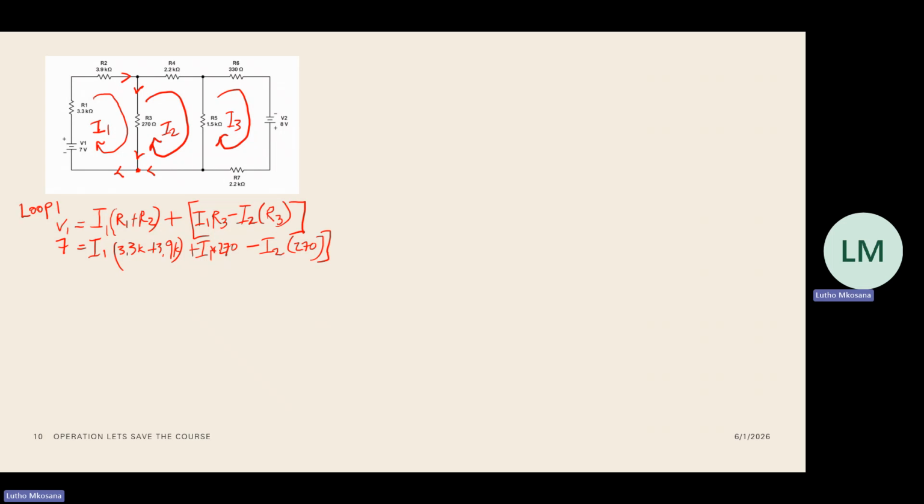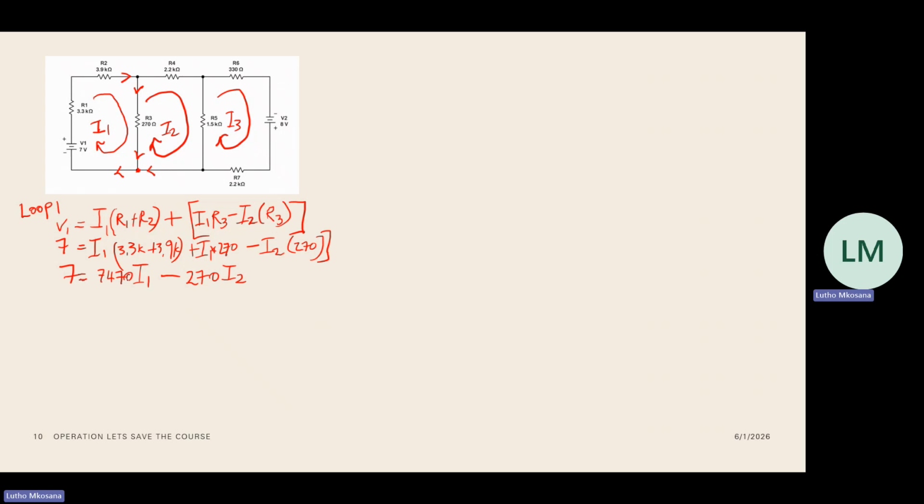So 270 I1. If we add 270 plus 3.3K plus 3.9K, it should give us 7470 I1, minus, we'll be left with this, minus 270 I2.